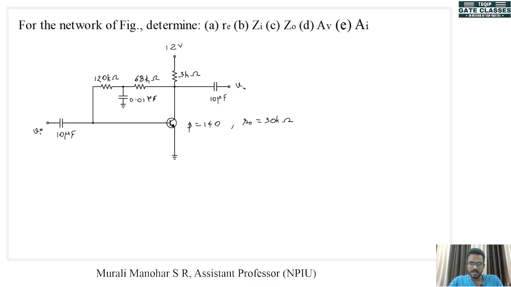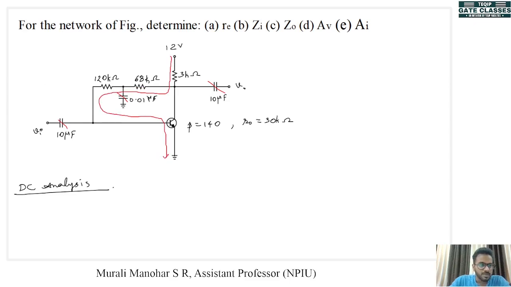Okay. So let's do the DC analysis first to find out the value of RE. If you do DC analysis, this capacitor is not present anymore, this is not present, this is not present. We have a loop here that looks like this.